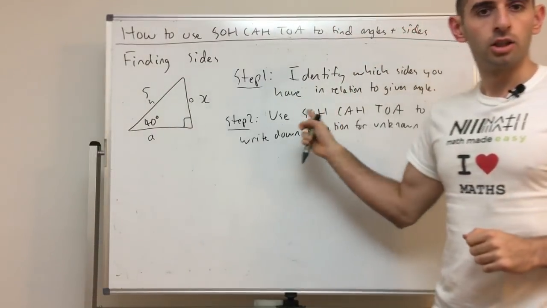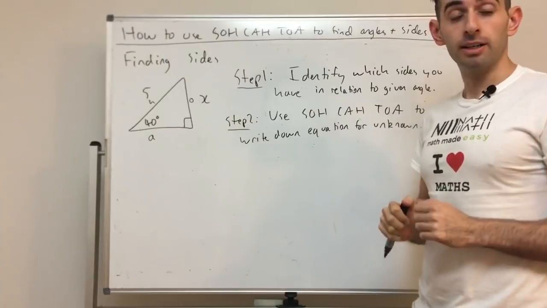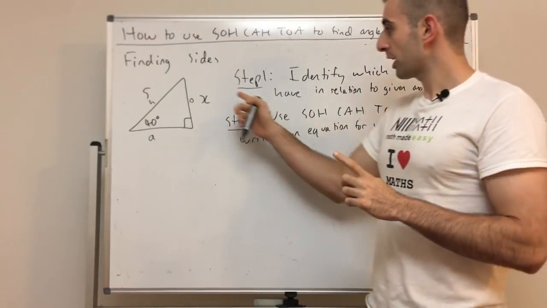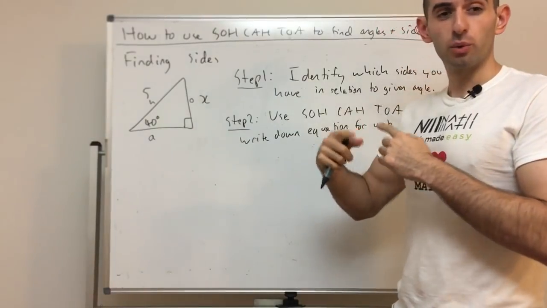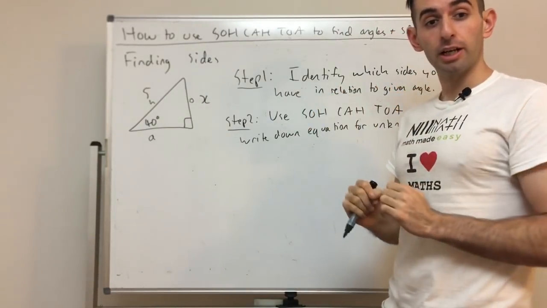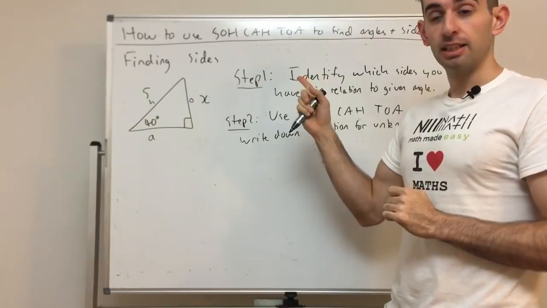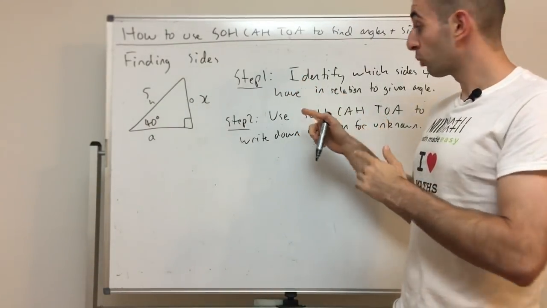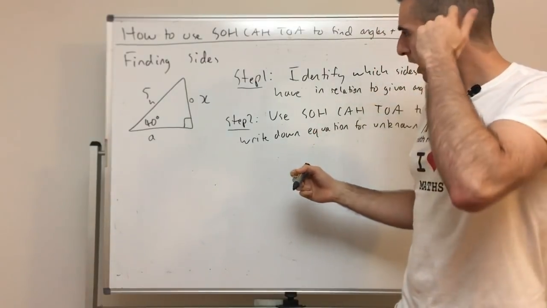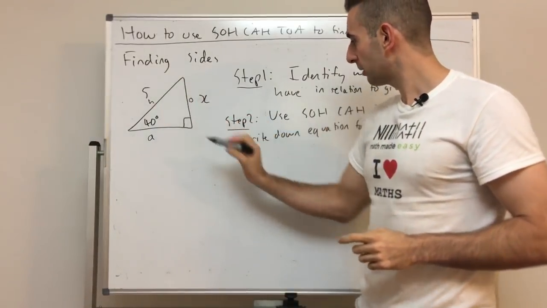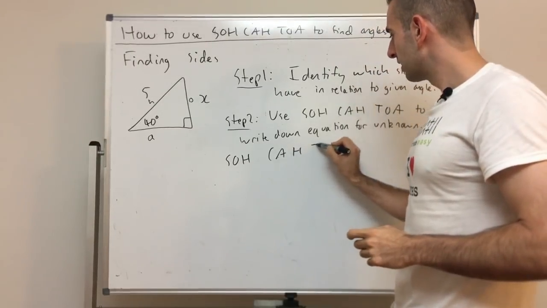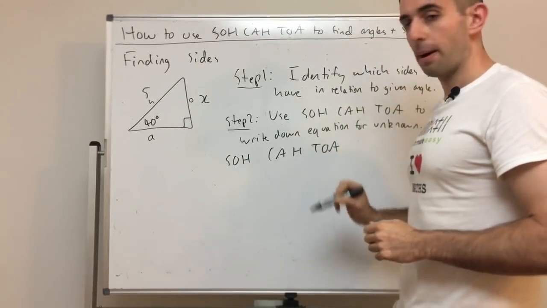Step 2, use Soh Cah Toa to write down an equation for the unknown. At this point, we're trying to find x, so we need to write down the appropriate trig ratio to find x. When you're starting out in the question, you're not going to be given Soh Cah Toa, so write it down. In an exam, I see this question, I've labeled the sides, and I'm going to write down Soh Cah Toa.